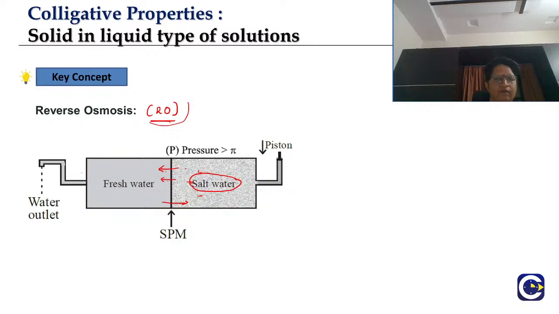That is, when we apply a pressure higher than the osmotic pressure of the liquid, water will move from the high concentrated solution to the less concentrated one, again through a semi-permeable membrane. Such a process we call reverse osmosis. We use the same thing in our home, called RO. It works in the same process.